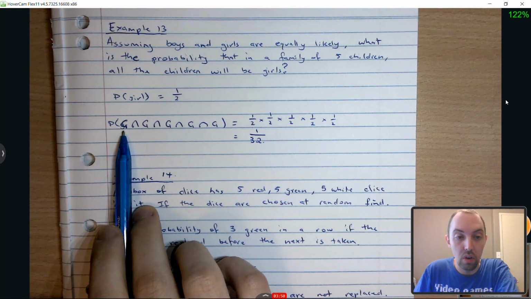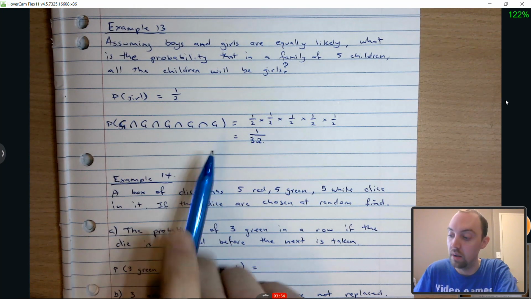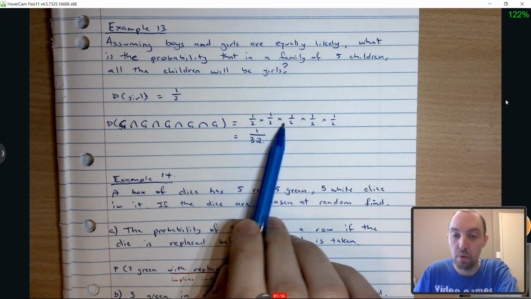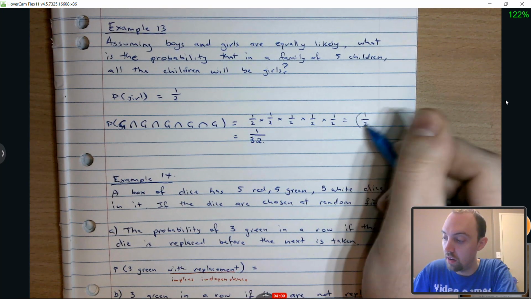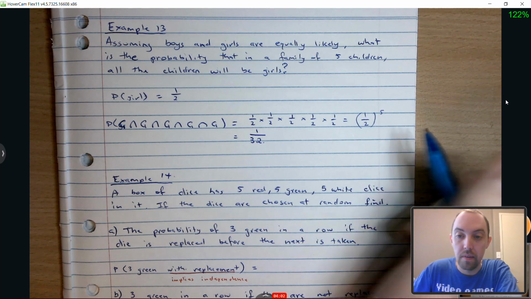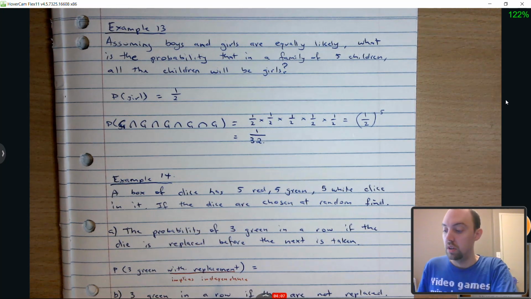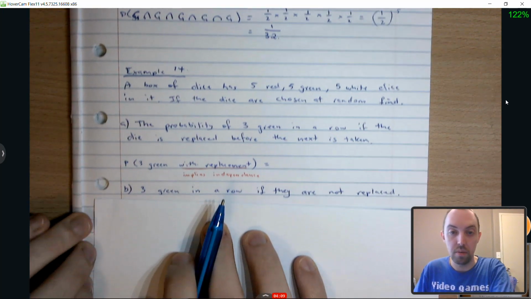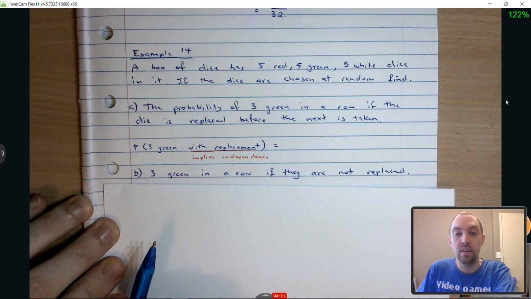Probability of girl and girl and girl and girl and girl, 5 times, we've got a half multiplied 5 times, or you could say it's a half to the power of 5, and that makes 1/32.